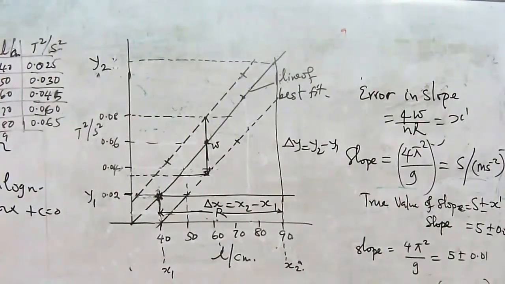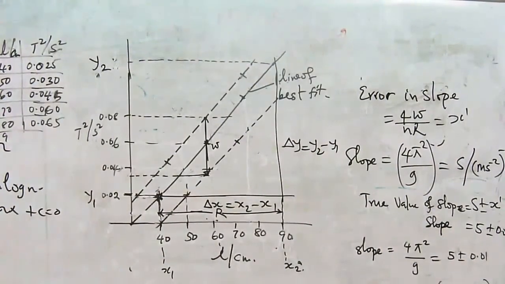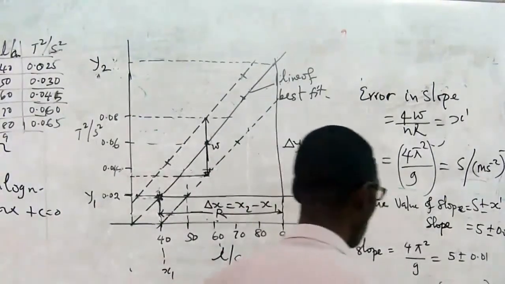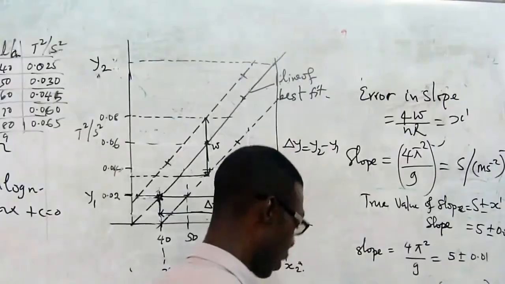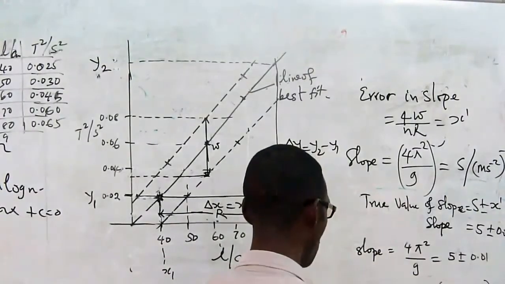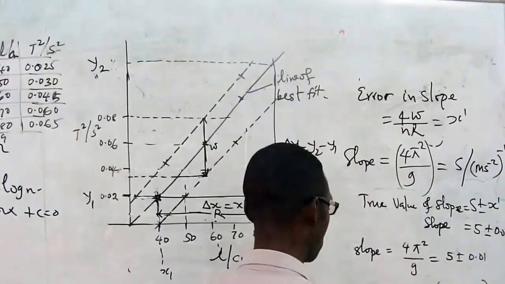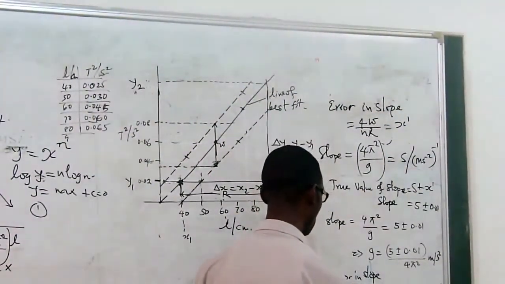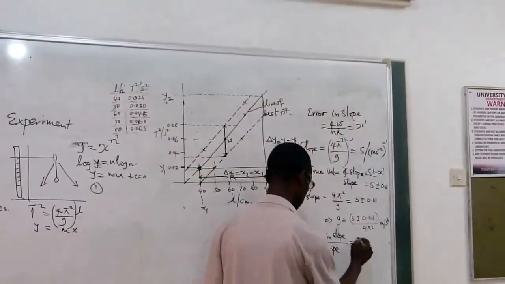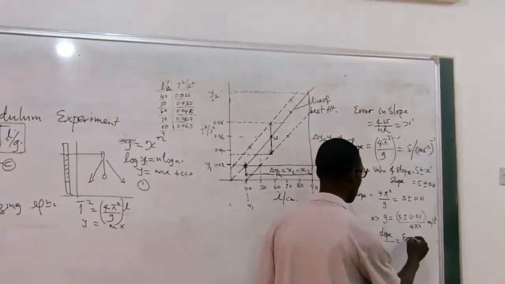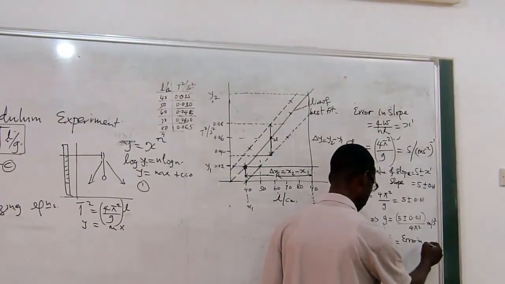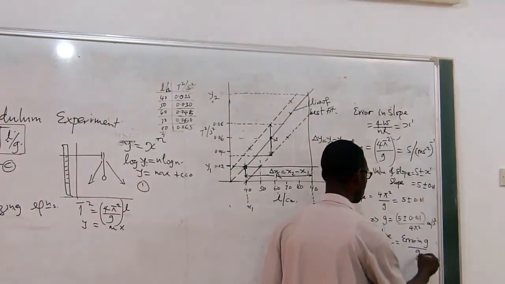You can also write, if you want to have something to remember, you can write it as error in slope over slope, that is the value of your slope, is equal to error in g over g.